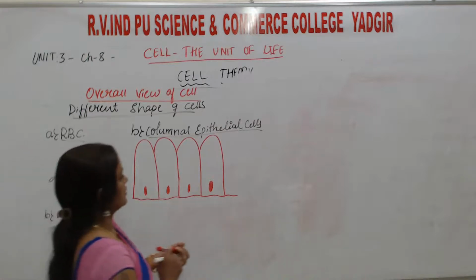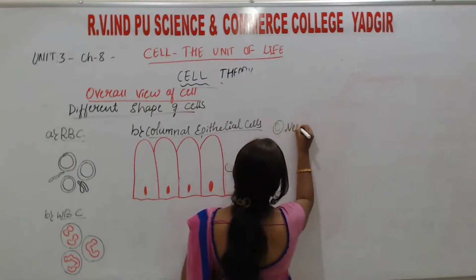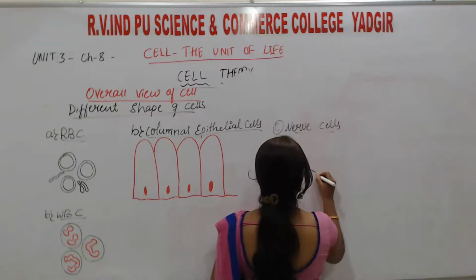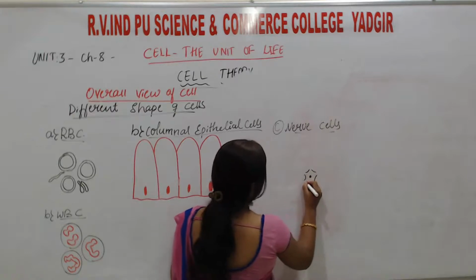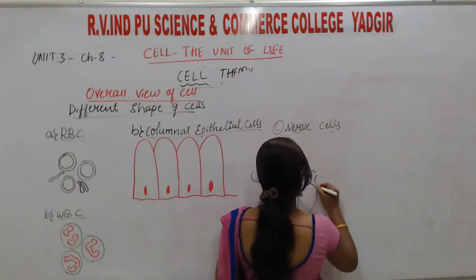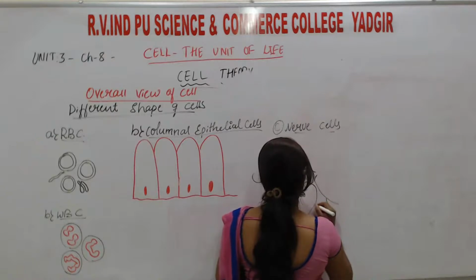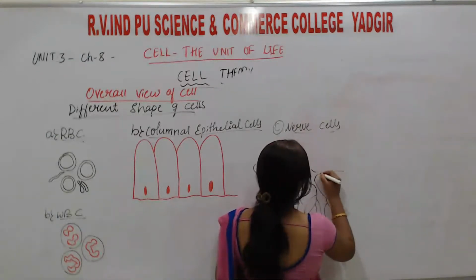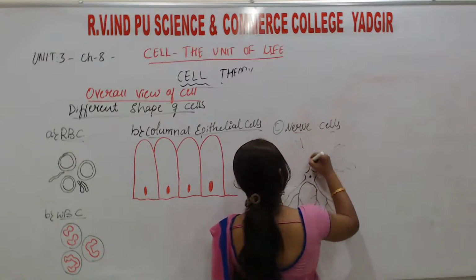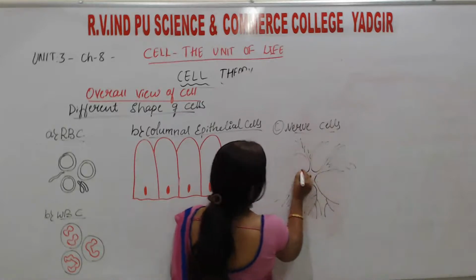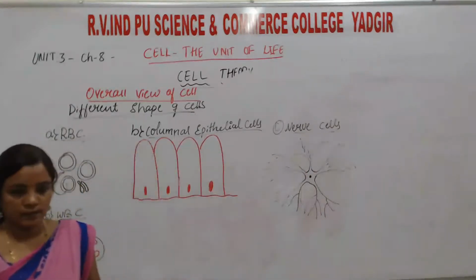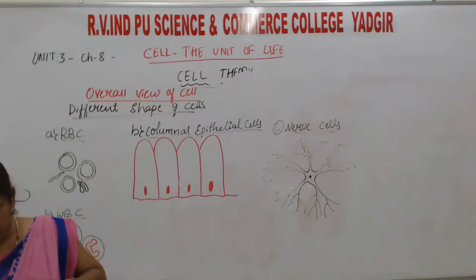Coming to the nerve cells. This is a nerve cell. Next one, trachea, which is elongated.